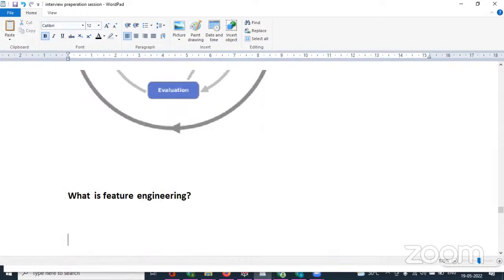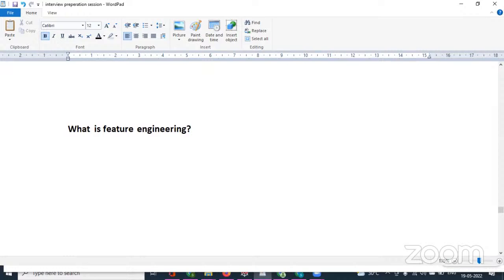The very next question is, what is feature engineering? Try to explain taking one example. What is feature engineering?